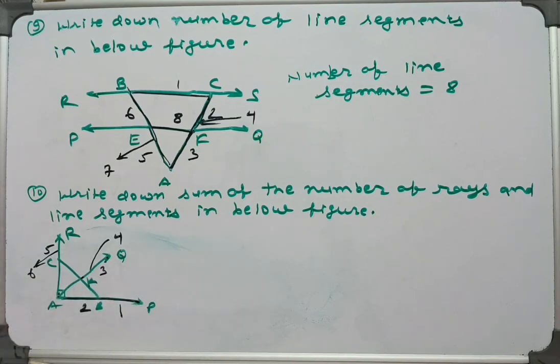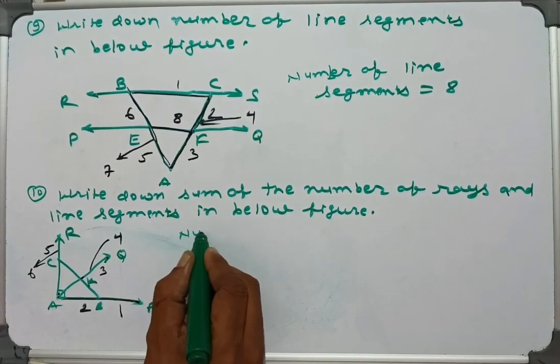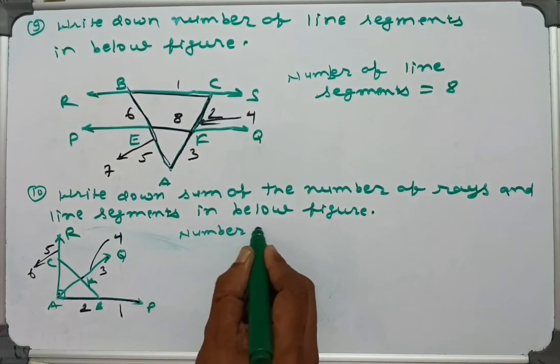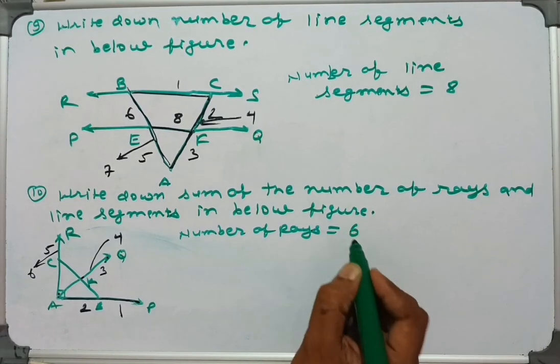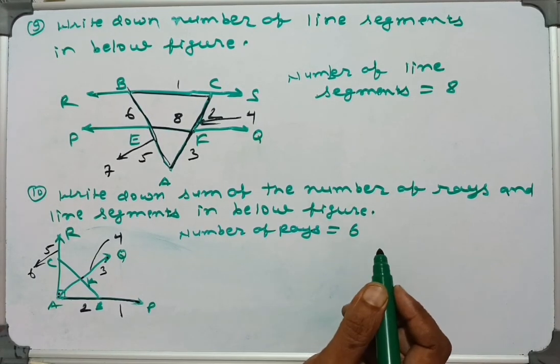So the total number of rays here is equal to 6.